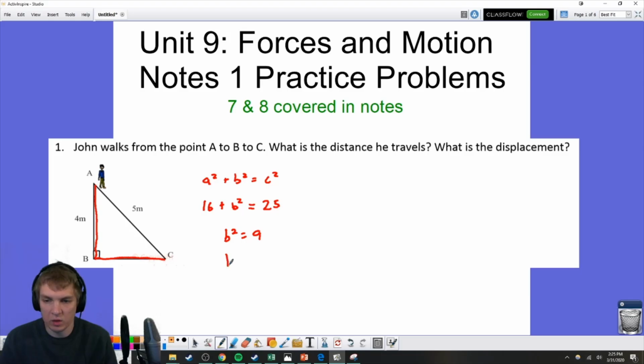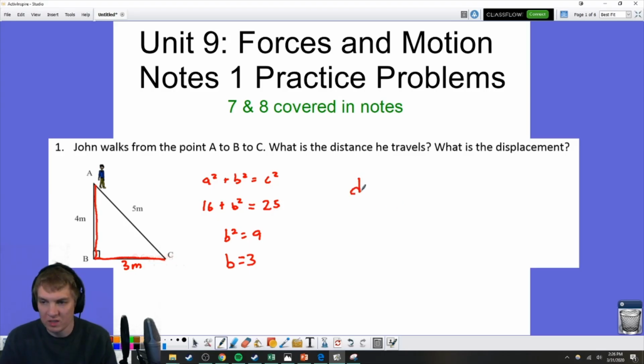And then if you did this correctly, b can equal plus or minus 3, but you can't have a negative distance, so that rules out the minus. Sorry, it's not b squared is equal to 3, it's only b is equal to 3. All right, so we were able to use Pythagorean theorem to justify our answer that this is going to be a distance of 3 meters right here.